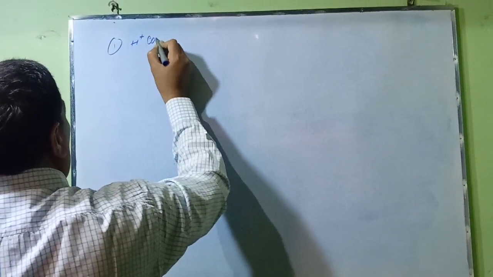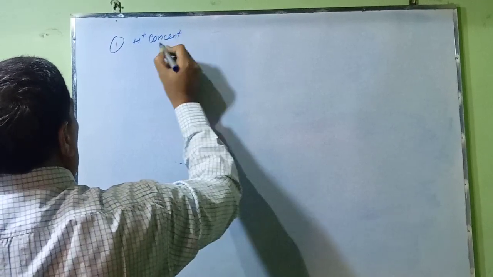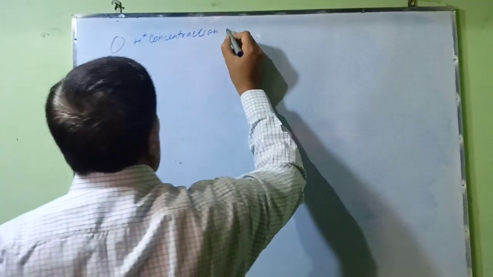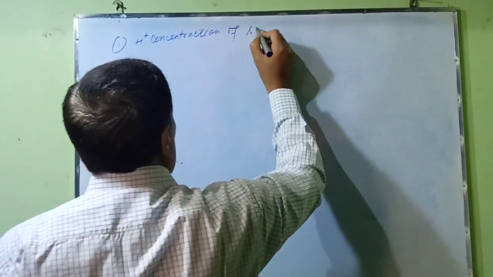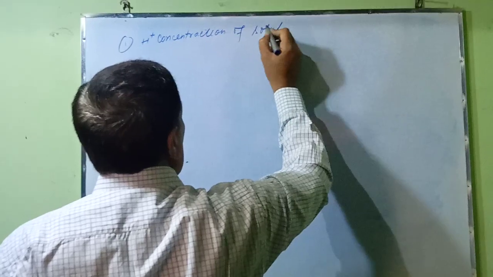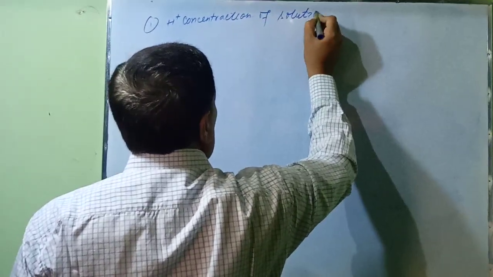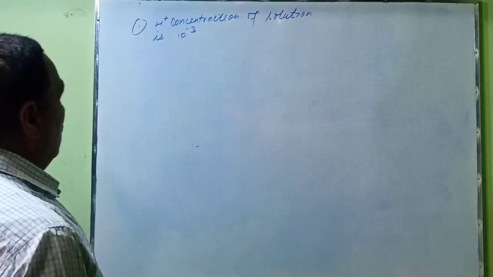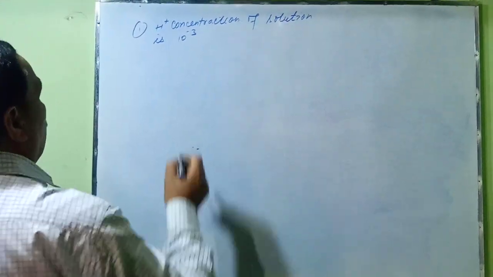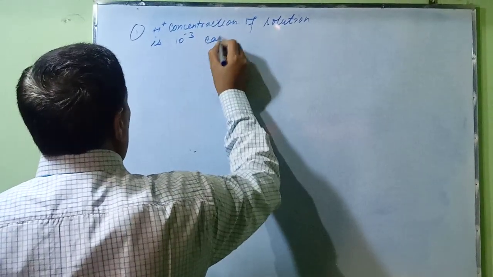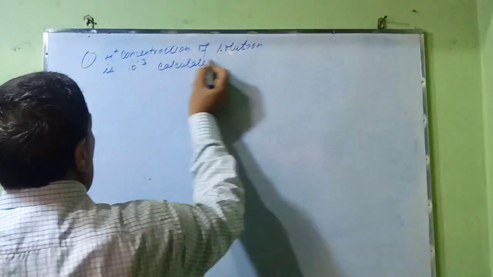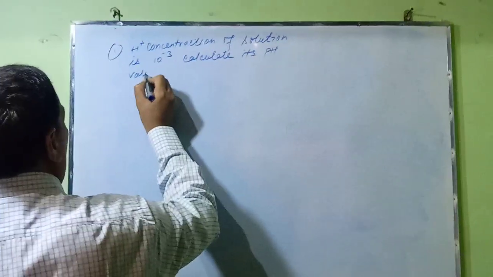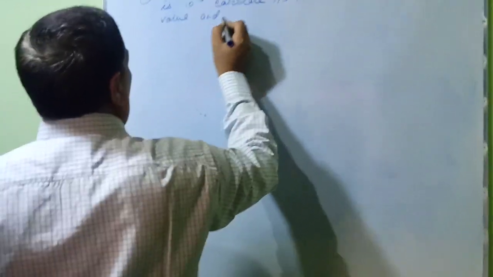Hydrogen ion concentration of a solution is 10 to power minus 3. Calculate its pH value and its nature.